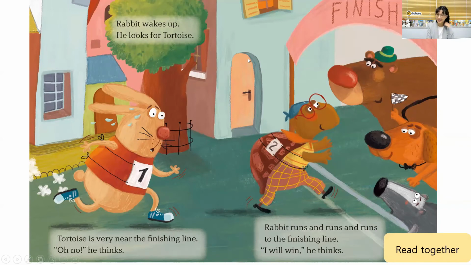Okay, so let's read together. Ready? Go. Rabbit wakes up. He looks for tortoise. Tortoise is very near the finishing line. Oh no, he thinks. Rabbit runs and runs and runs to the finishing line. I will win, he thinks.